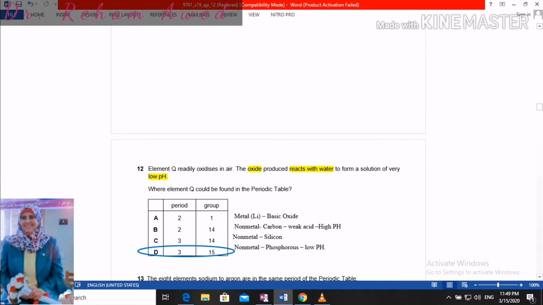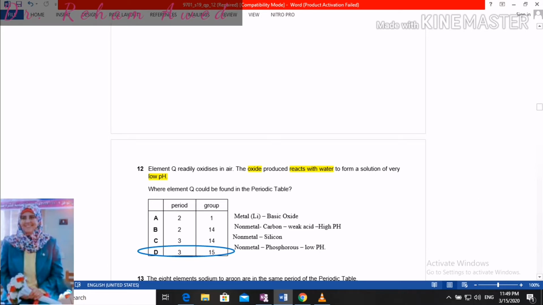Phosphorus. Phosphorus is non-metal. Its oxide dissolves in water to form phosphoric acid. Phosphoric acid pH is the lowest pH in the following elements. So our best choice is phosphorus with low pH.